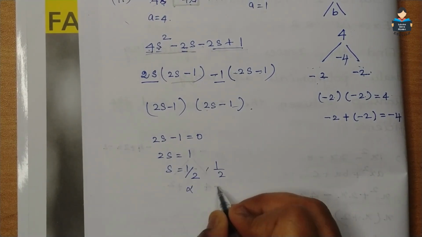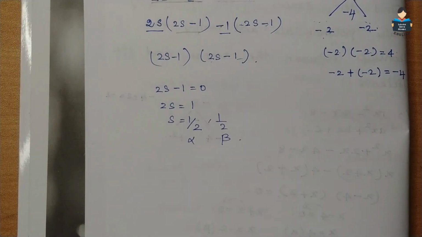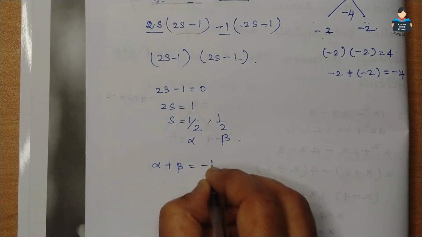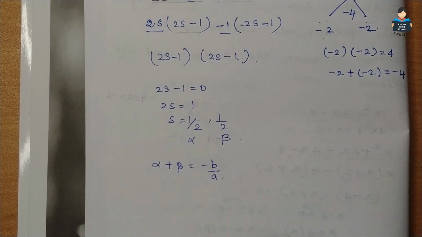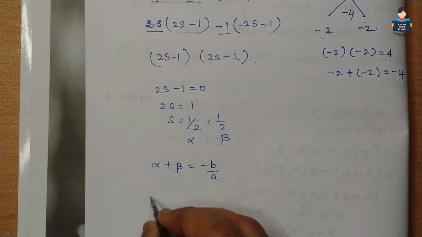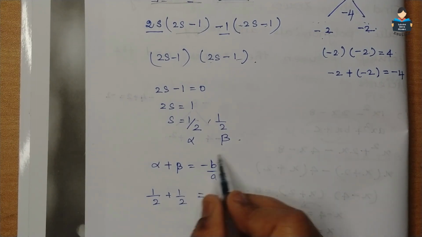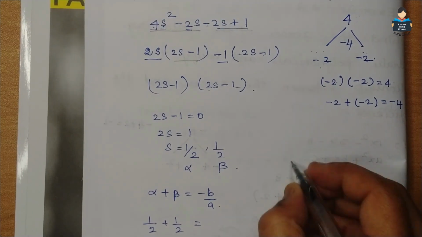I take this as alpha and this as beta. Now we have to verify the relationship. Alpha plus beta equal to minus b by a. That is sum of the zeros equal to minus b by a. So 1 by 2 plus 1 by 2 equal to. So what are the terms we have in a, b, c values?